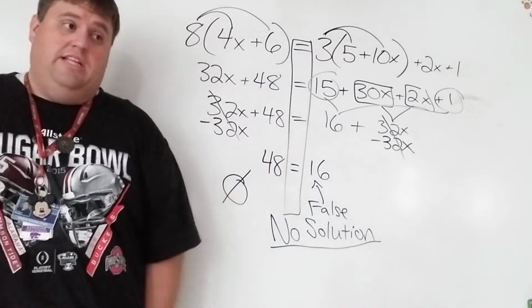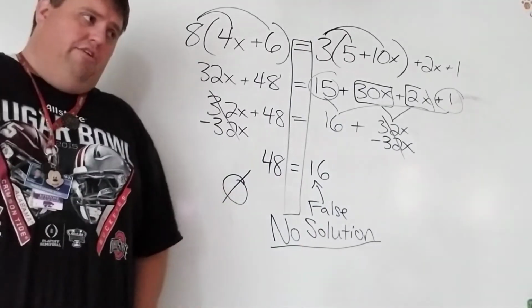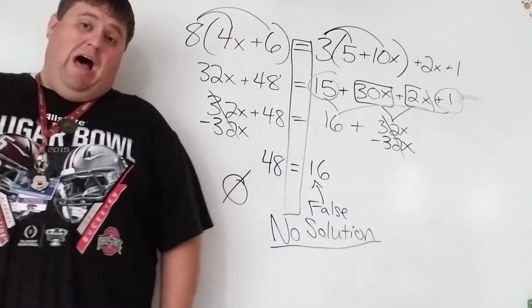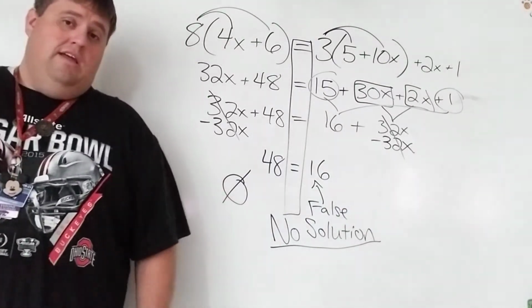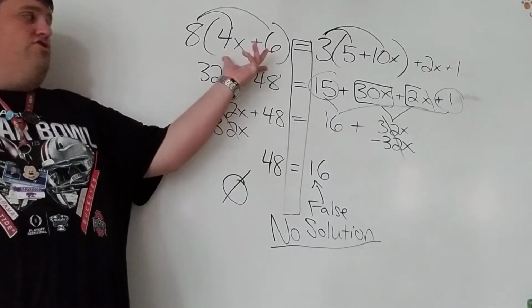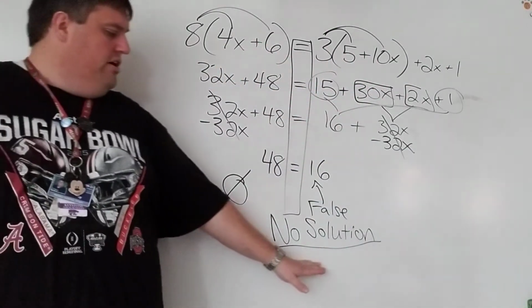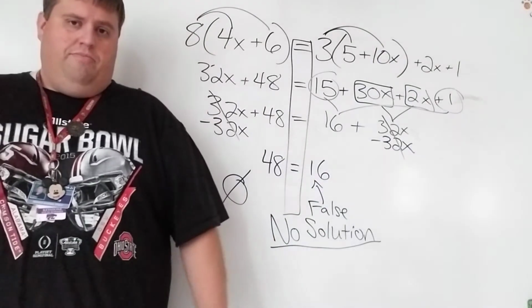It just doesn't exist. And later on in the year when we talk about systems of equations, we're going to talk about why that actually makes sense. But for now, there's just no x that would make these 2 things equal. That means that we're going to write no solution.